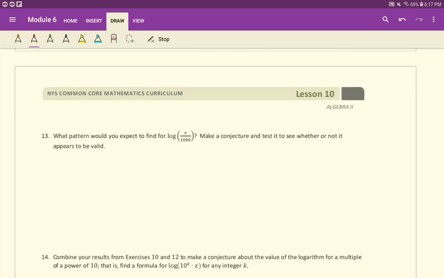What pattern would we expect for log of x over 1,000? Well, 1,000 is 10 to the third, so we would expect -3 plus log of x.